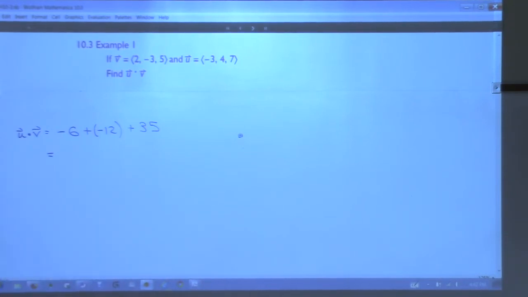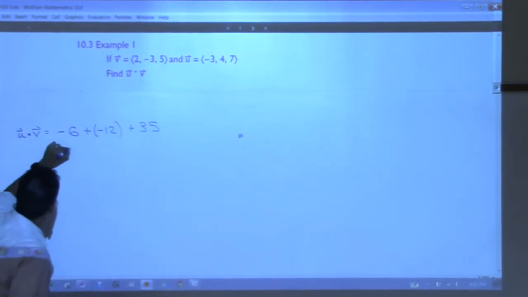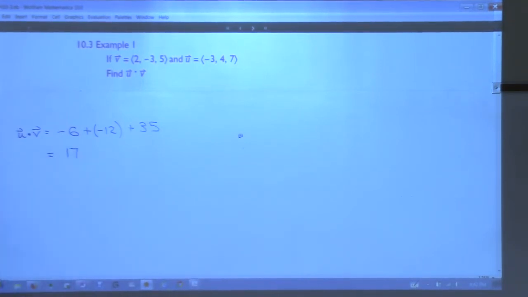What do we have? 17? 17, right? Two vectors, all complicated three-dimensional vectors, and we get this number 17 out. Still don't know what it means. We think this means that the angle between them is less than 90 degrees though, right? Okay, so we still don't know what this is.